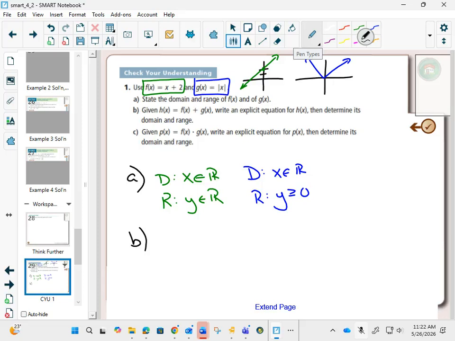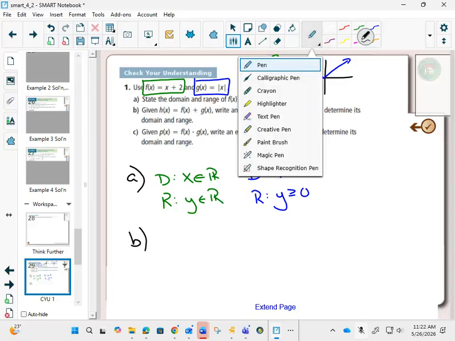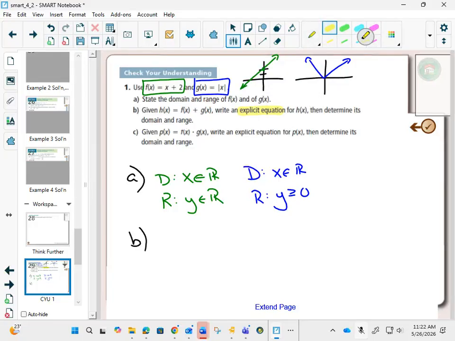H of x is f of x plus g of x. Write an explicit equation. Explicit equation is really easy.